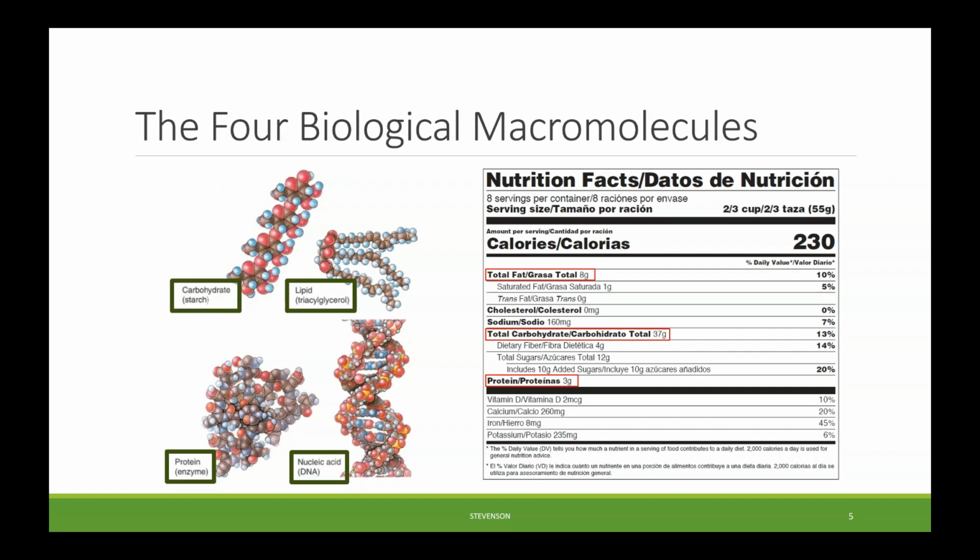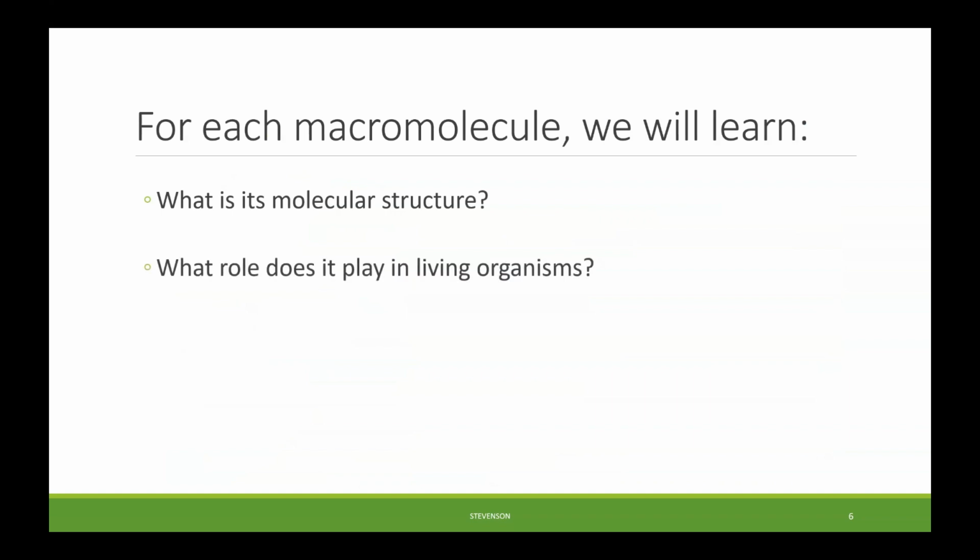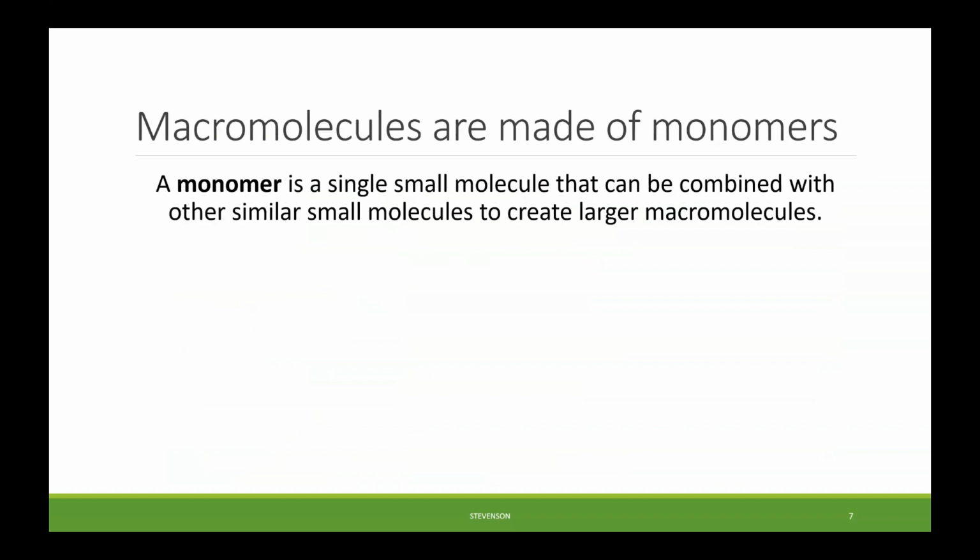However, it has virtually no nutritional value, and because of this, you won't see nucleic acids on the nutrition label. But we will still be learning about nucleic acids even though they aren't on the nutrition label. So, we're going to look at all 4 of these macromolecules one by one, discuss what their molecular structure is, and also what role they play in living organisms.